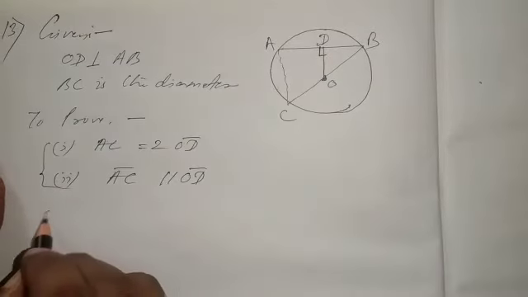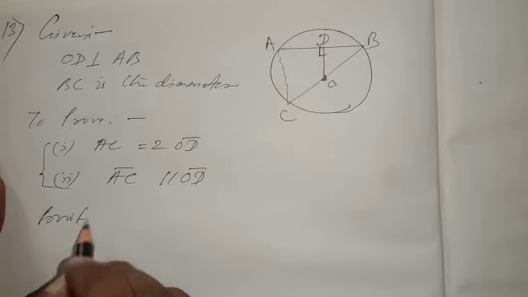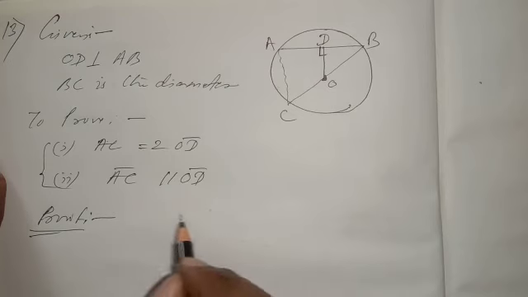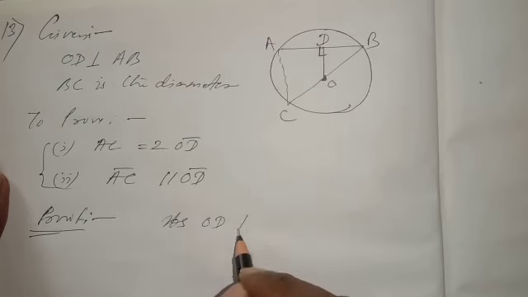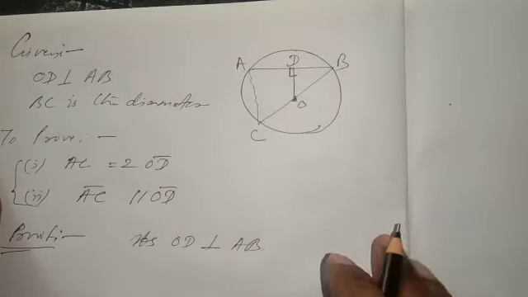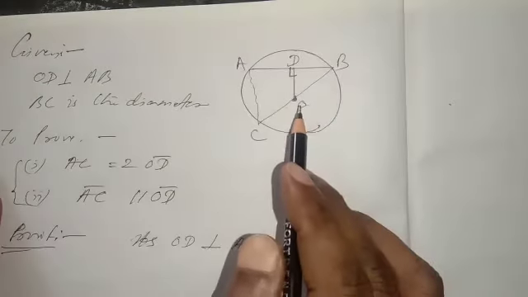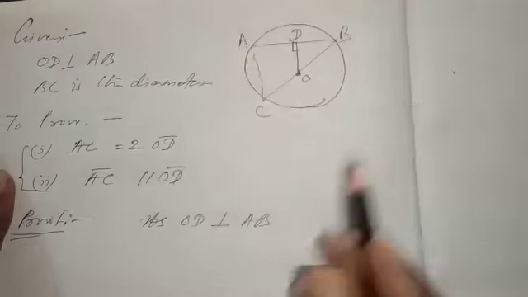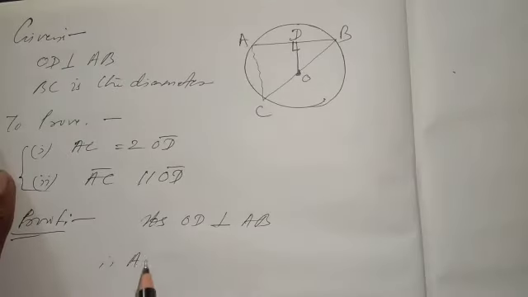Now you see, I am writing the proof part. As OD perpendicular to AB, as you know, the property, if you draw perpendicular from center to a chord, that will be bisected. That means therefore AD is equal to DB.